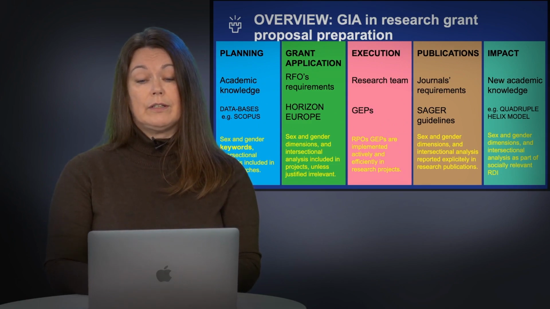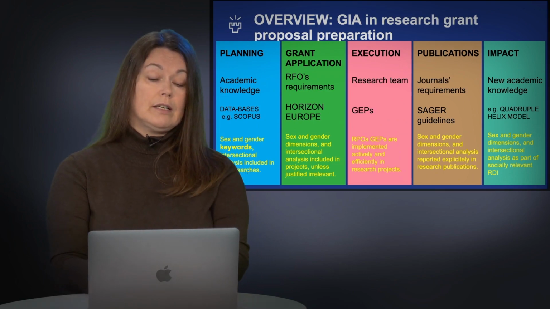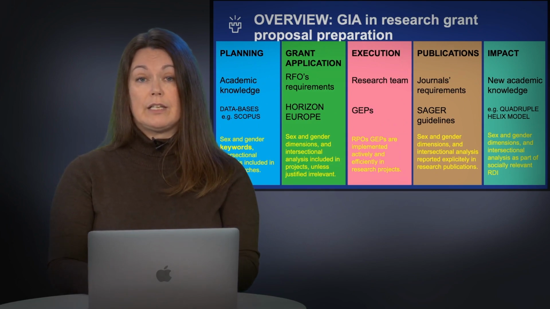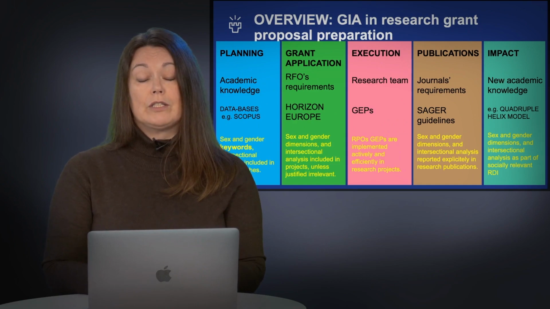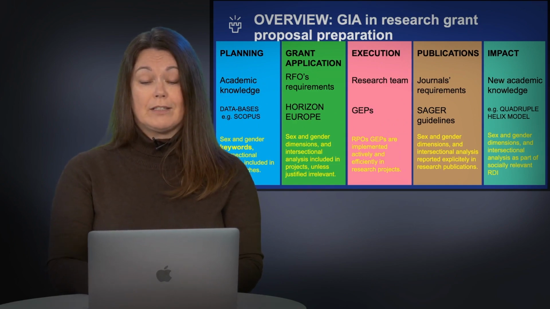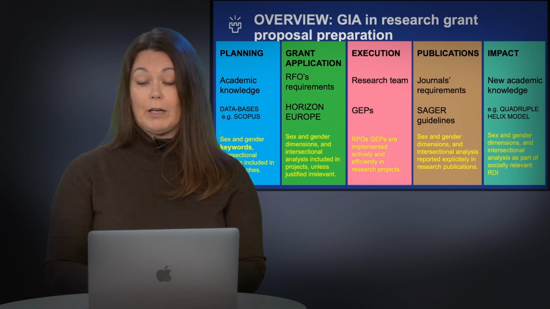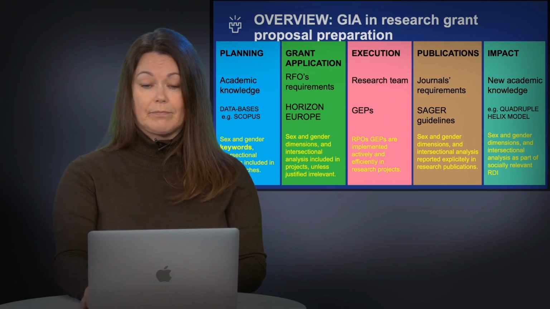And of course, the impact of the academic knowledge is broader than this organization. It actually influences the whole planet, as we can see nowadays. The knowledge has global impact.